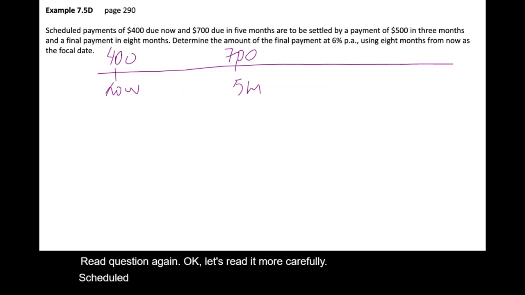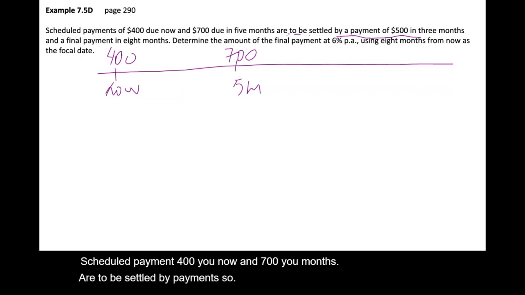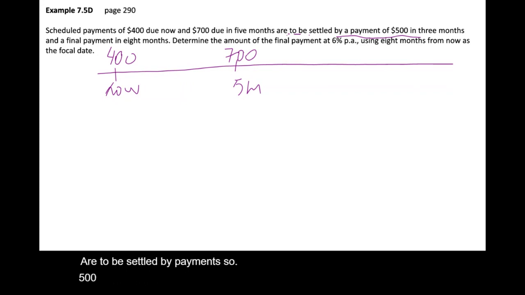Scheduled payment 400 due now and 700 due in 5 months are to be settled by payments. So 500 is already part of new agreement. Do you see that? So scheduled 400 and 700.